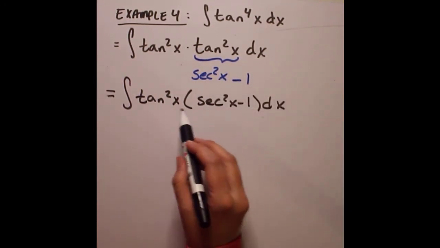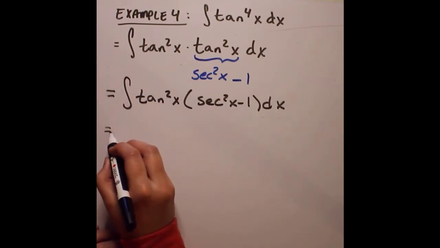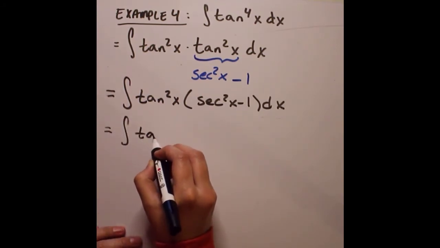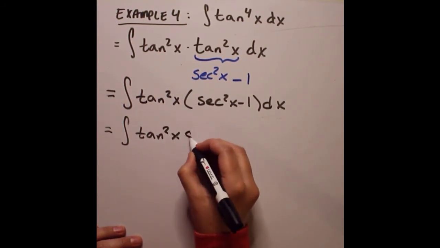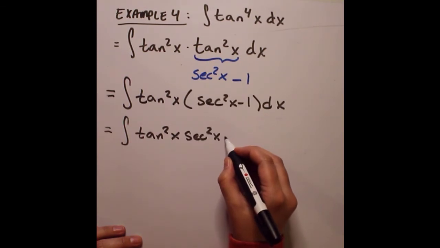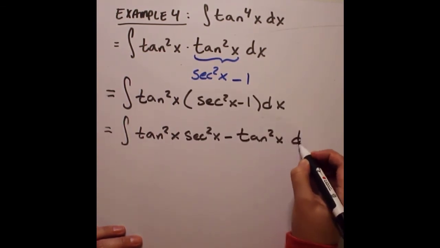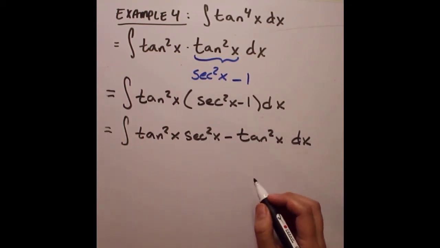And then let's go ahead and distribute this out. So from here we have the integral of tangent squared x times secant squared x, and then distribute the tangent over to the back, so minus tangent squared x dx.